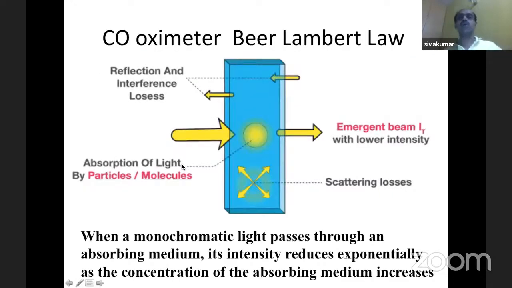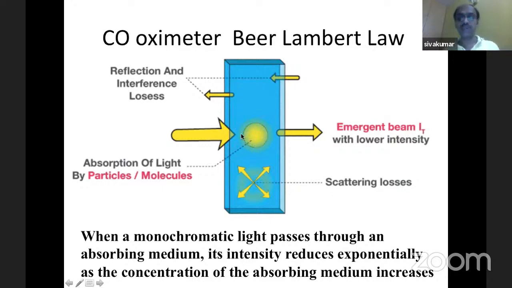How do we measure this oxygen saturation? We have to understand what is called the Beer-Lambert law, which states that whenever a monochromatic light passes through an absorbing medium, the intensity of the light reduces exponentially as the concentration of the absorbing medium increases.